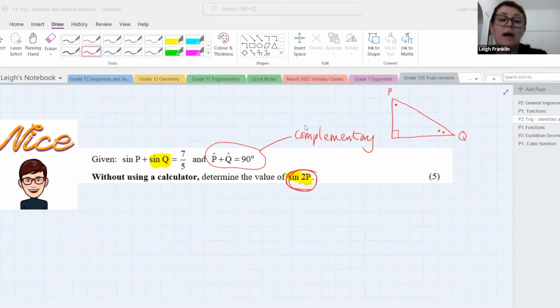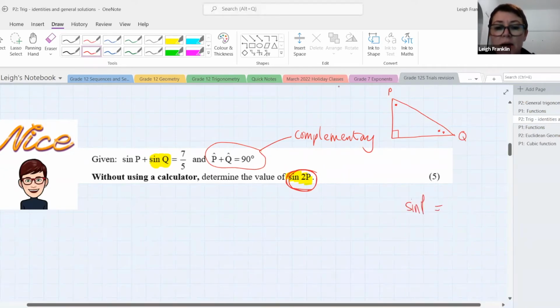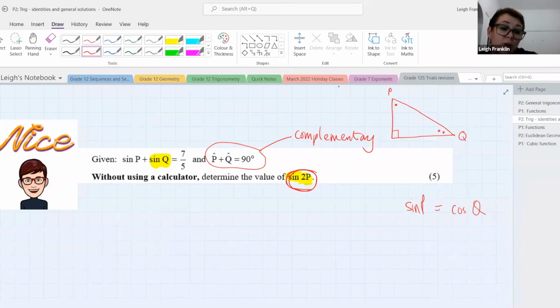You know what, Cornelia, when I first saw this question, I also thought about taking the sine Q over to the other side. But that's not what I did. What I did is rewrite sine Q, because if we're working in a right angle triangle, then the sine of P is the same as the cos of Q, because P and Q are complementary.